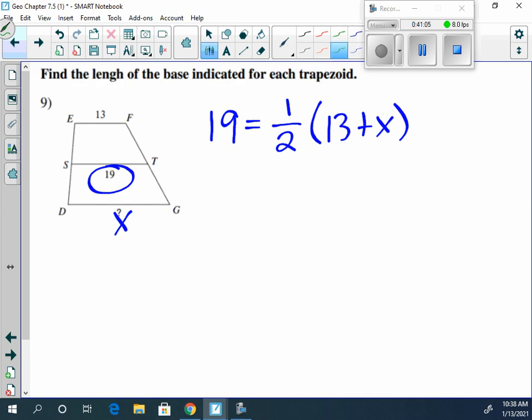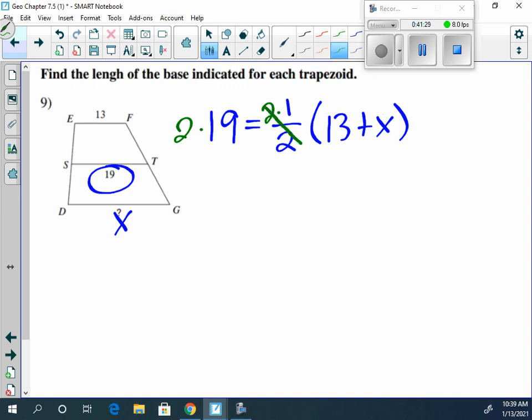But what did we do on the last one with this pesky 1/2? We can multiply both sides by 2. Because 2 times 1/2 is 1, yes? Anytime I don't want to have to multiply through parentheses by a fraction, I multiply it by its reciprocal.